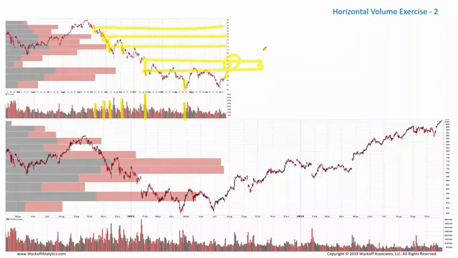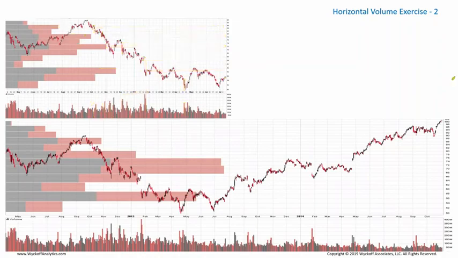So this is how quickly I've constructed this horizontal volume signature. We could see that from the vertical. And when you don't have the horizontal volume signature, that's what you should do.